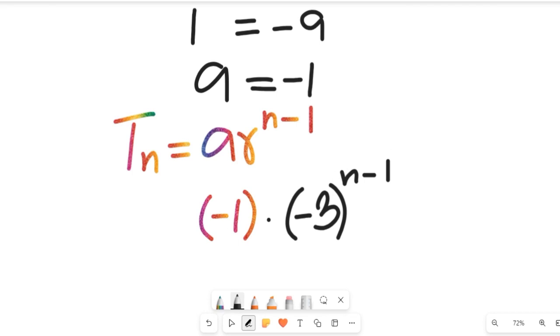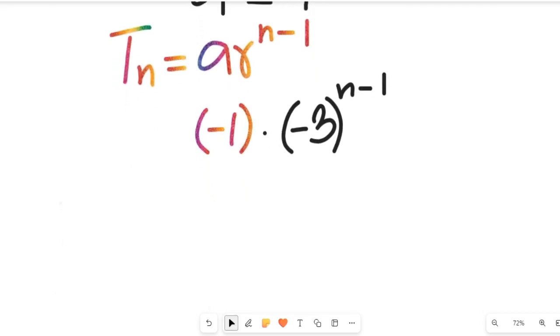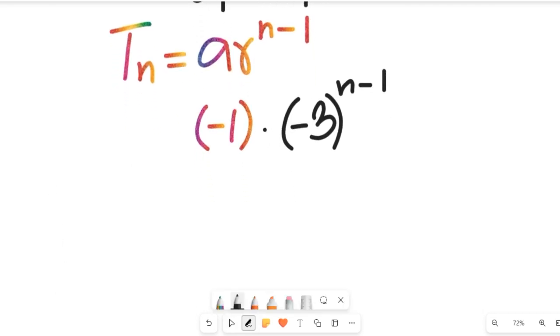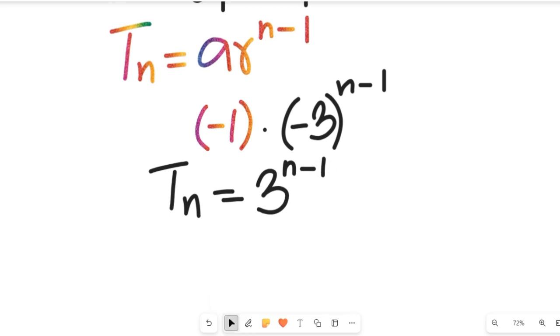So if we simplify that, you'll see that we're going to have Tn equal to negative times negative, that will give us 3 to the power of n minus 1, and that is the formula for Tn.